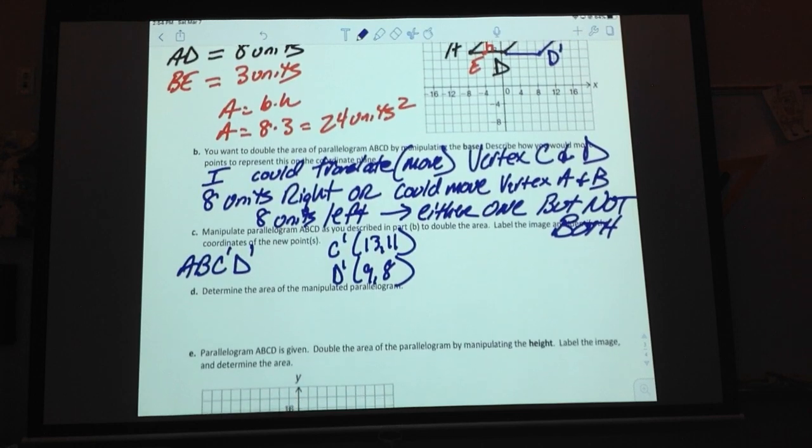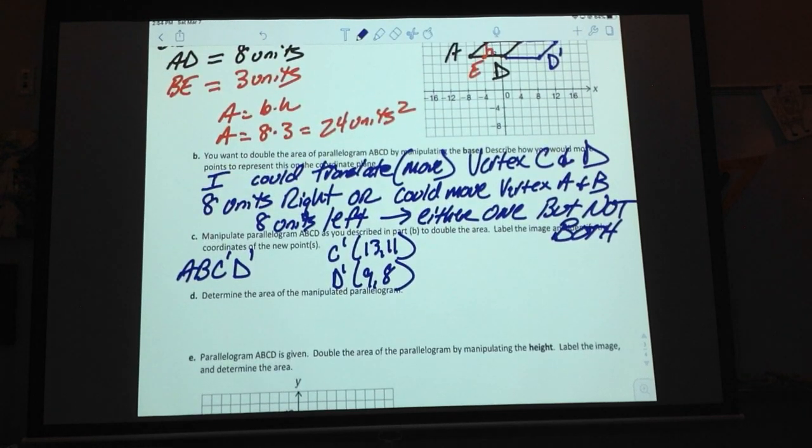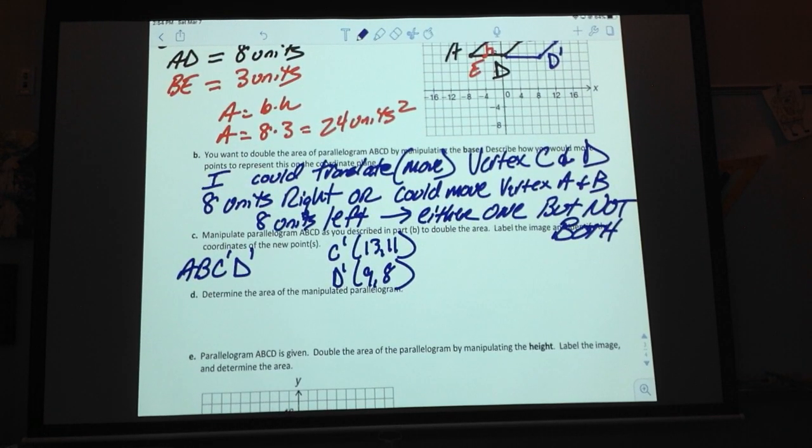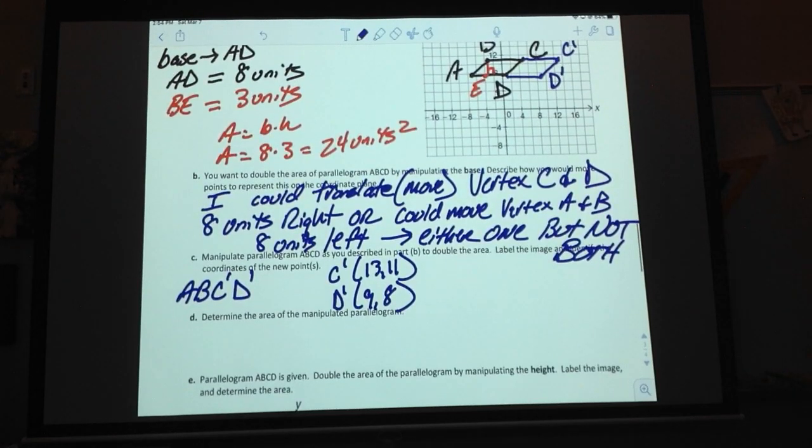Alright. So now determine the area of the manipulated parallelogram. Well, the only thing I've changed is my base and the length of my base. I didn't change anything with my height, right?